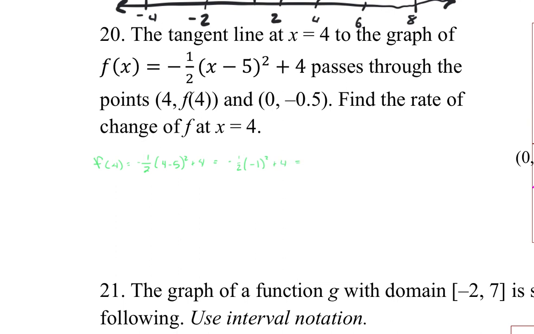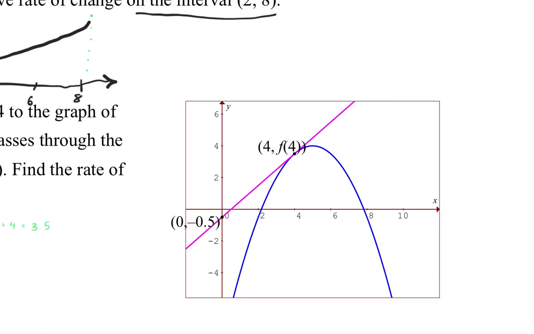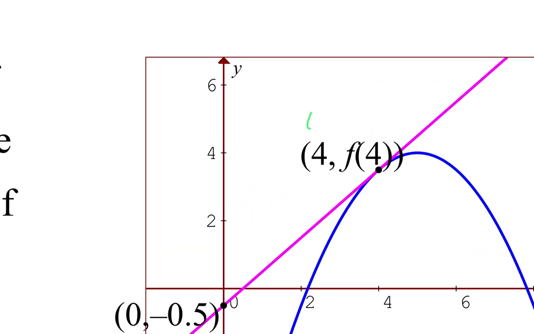And that will be equal to -1/2, because -1 squared is 1, plus 4, and that will be 3.5. So we know what this point is here now. We know that that is 3.5.